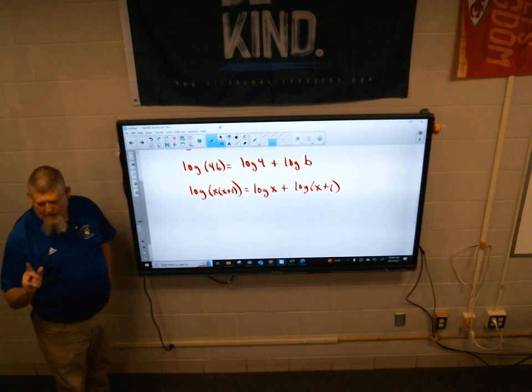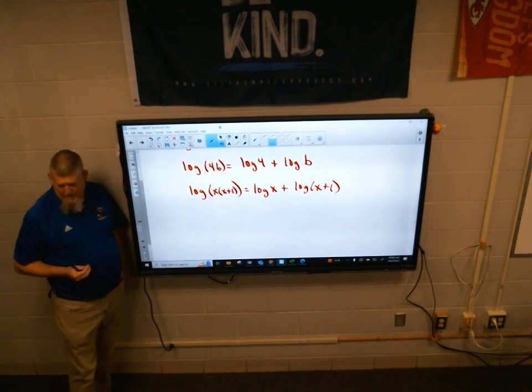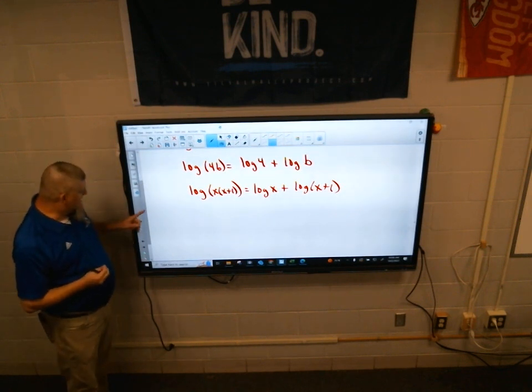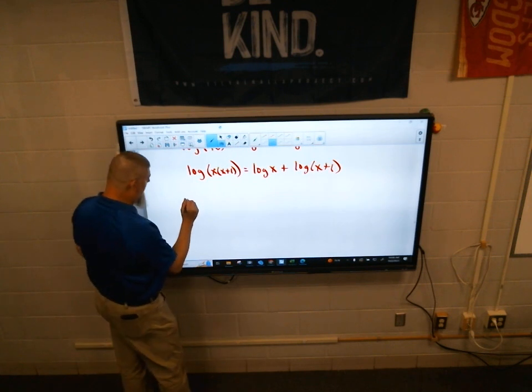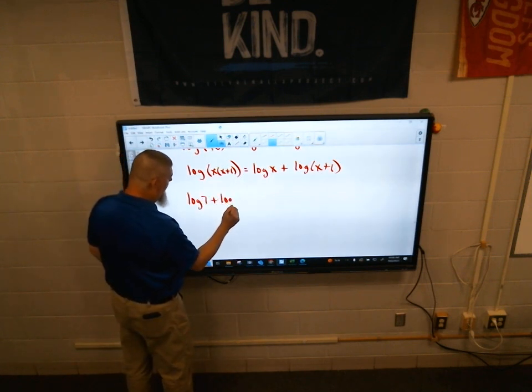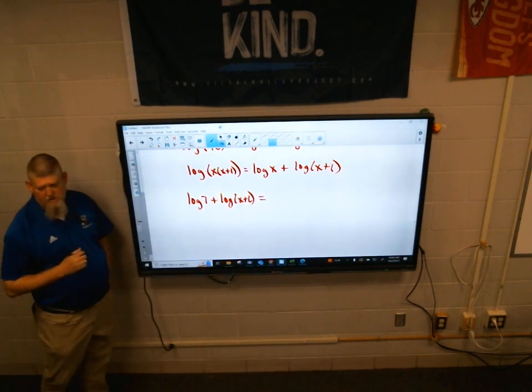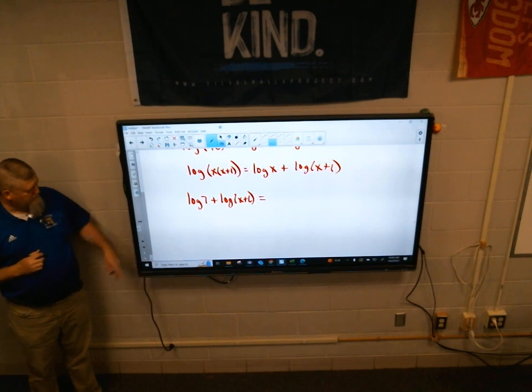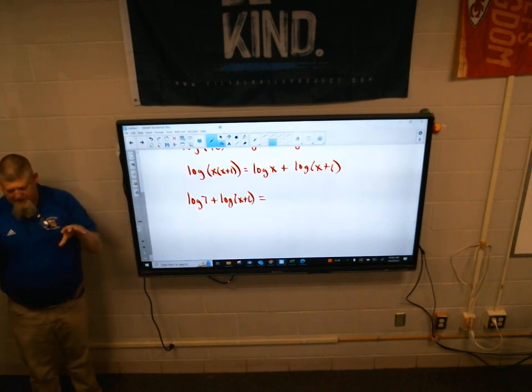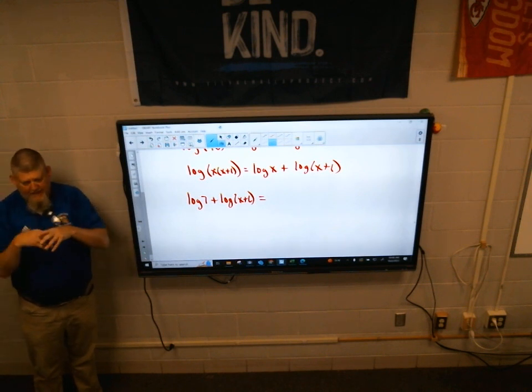Now, where we're going to use that mostly is we're going to bring it back together. The better application of this is you're going to be given something like the log of 7 plus the log of x plus 1. Because you're adding two logarithms together, you can just multiply their arguments, just bring them back together.